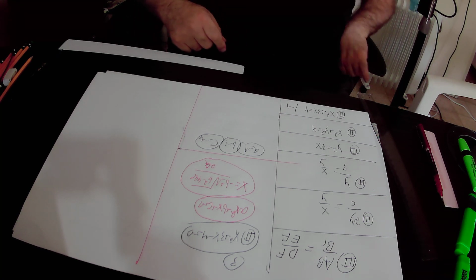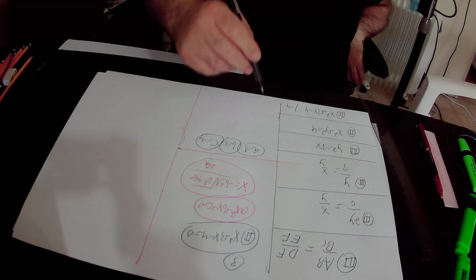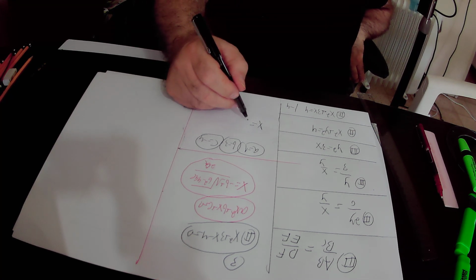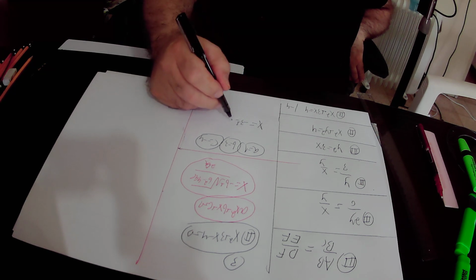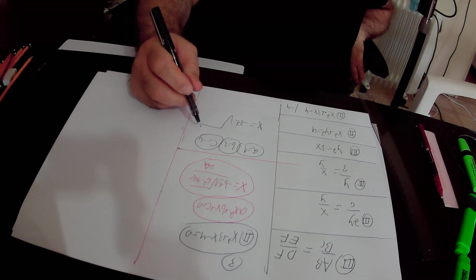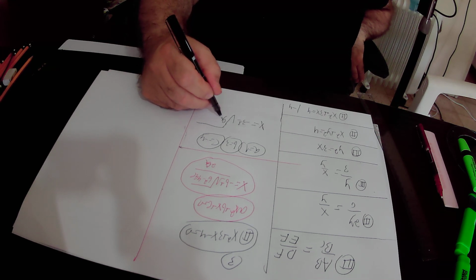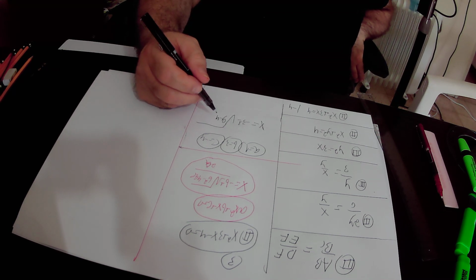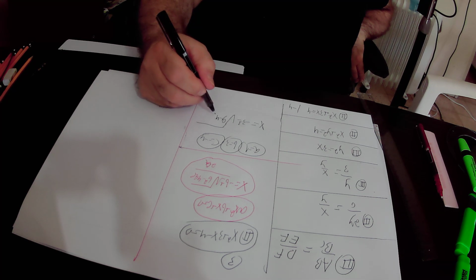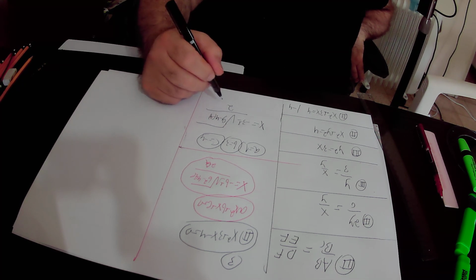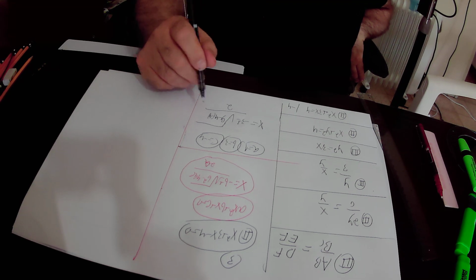According to the formula, x is equal to minus b, b is 3, so minus b is minus 3, plus minus square root of b squared, b is 3, so b squared is 3 squared, that is 9, minus 4 times a is 1, and c is minus 4, over 2a. 2 times a is 1, 2 times 1 is 2.